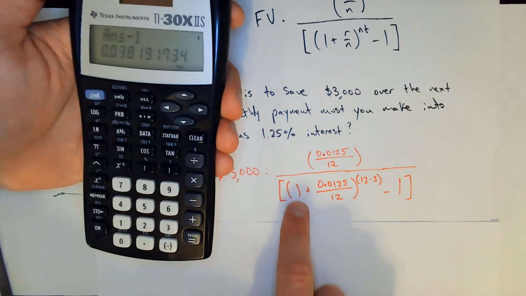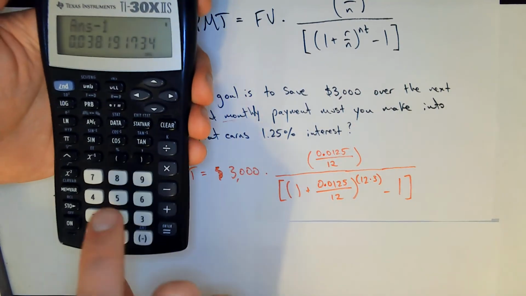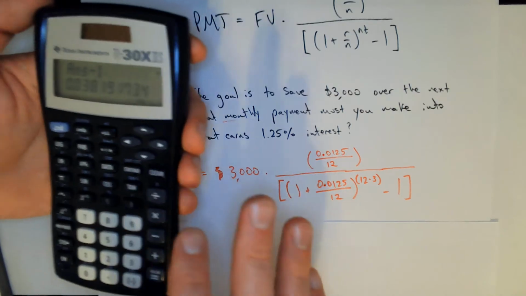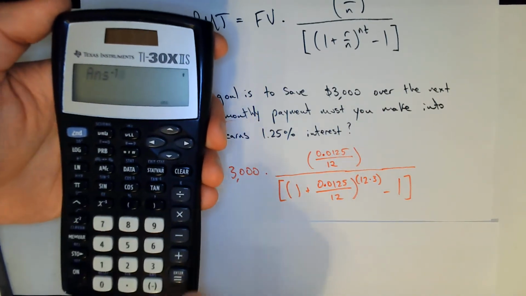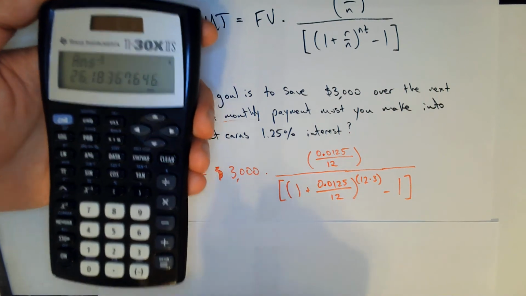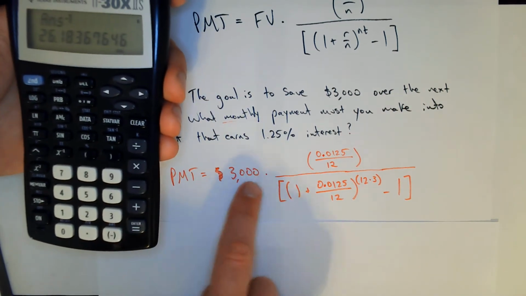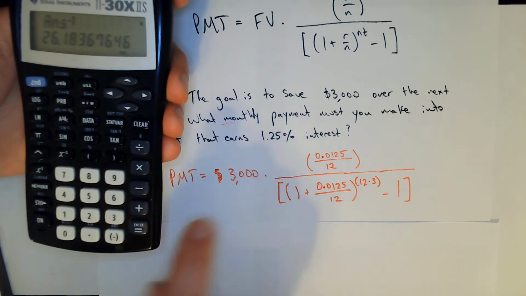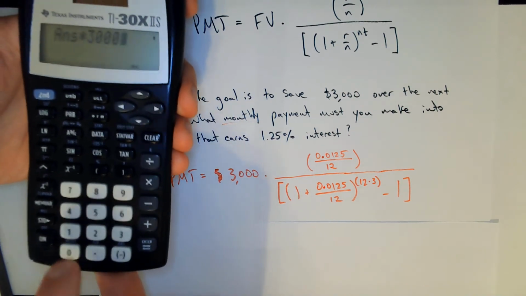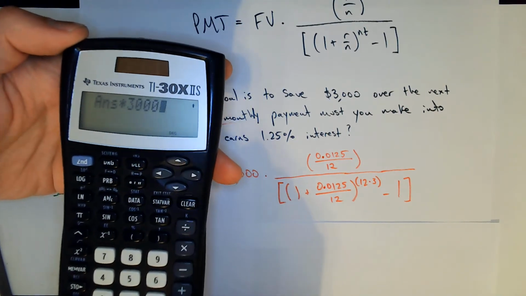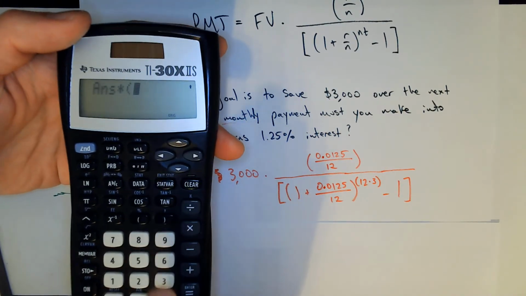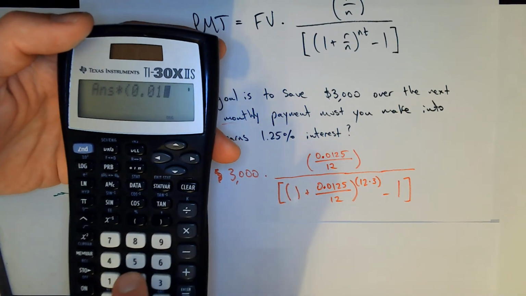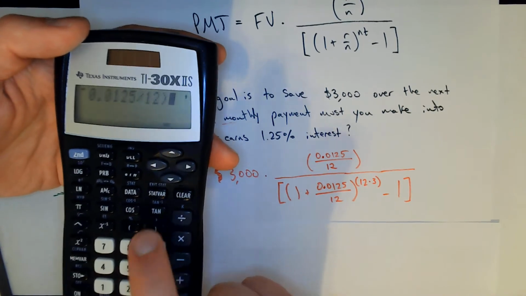Okay, now that's my denominator, but I need to invert it, right, because as I've calculated it, the calculator doesn't know it's supposed to be in a denominator, so I invert it, then hit equals. Now I'm going to multiply by this and this, so I'll say times 3,000. I can go ahead and hit equals there if I want. And then times parentheses 0.0125 divided by 12.